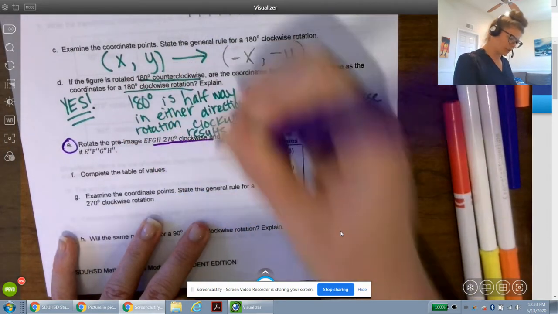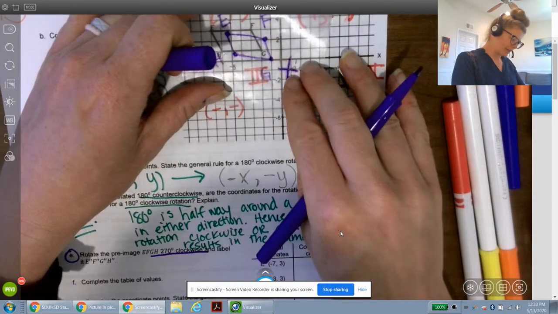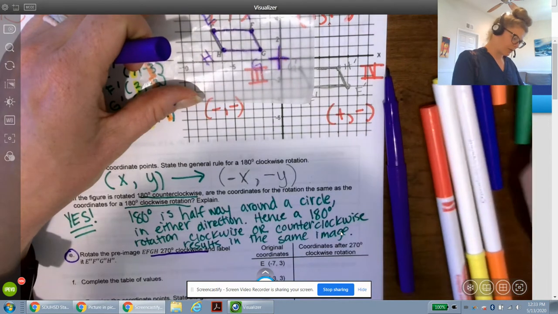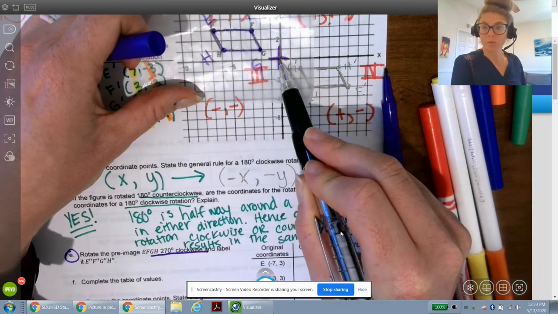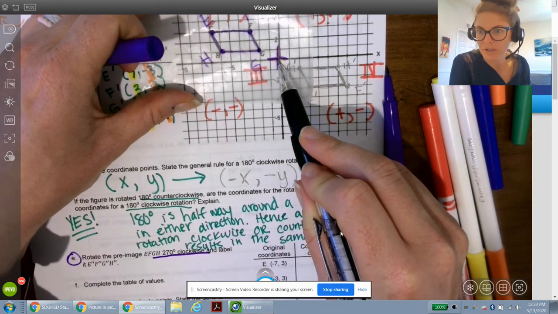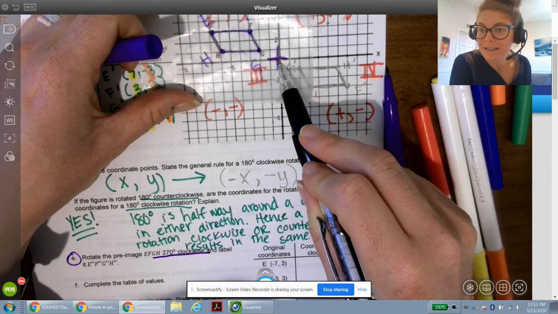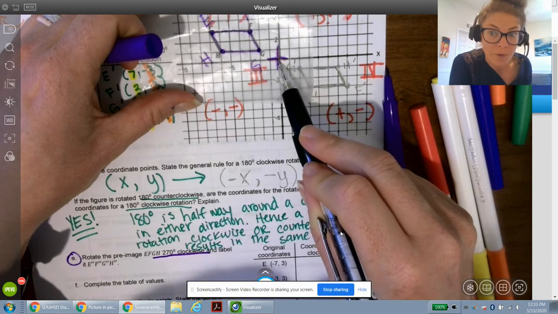So we're going 270 degrees clockwise. Lucky us, we can use our same awesome tracing. And we're going to go 270 degrees clockwise, which you might realize is the same rotation as a different degree in a different direction.